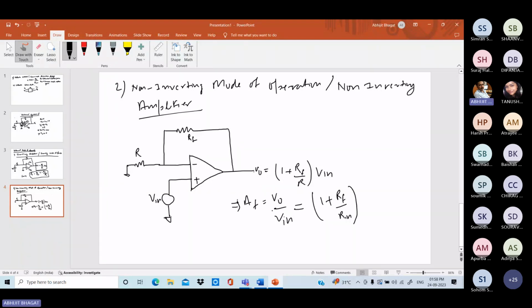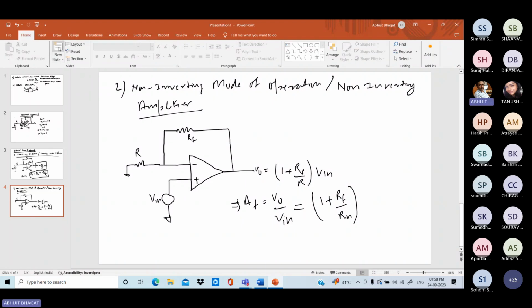Inverting amplifier, non-inverting amplifier. These are two modes. And the third one is the differential amplifier.